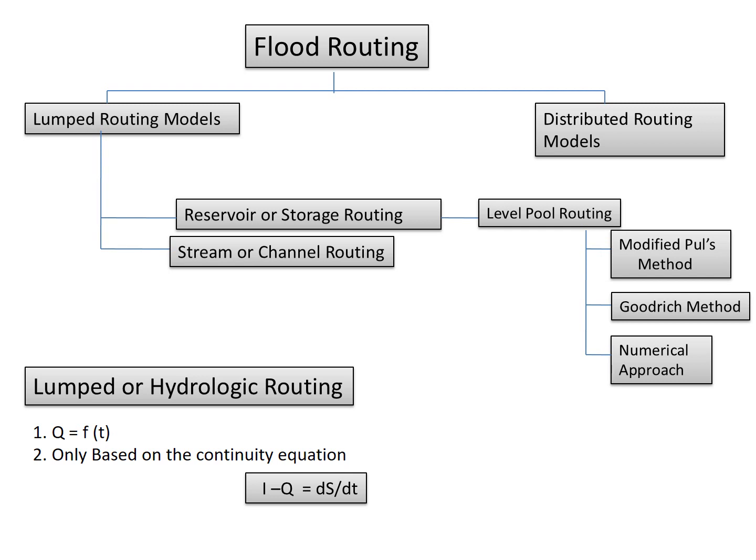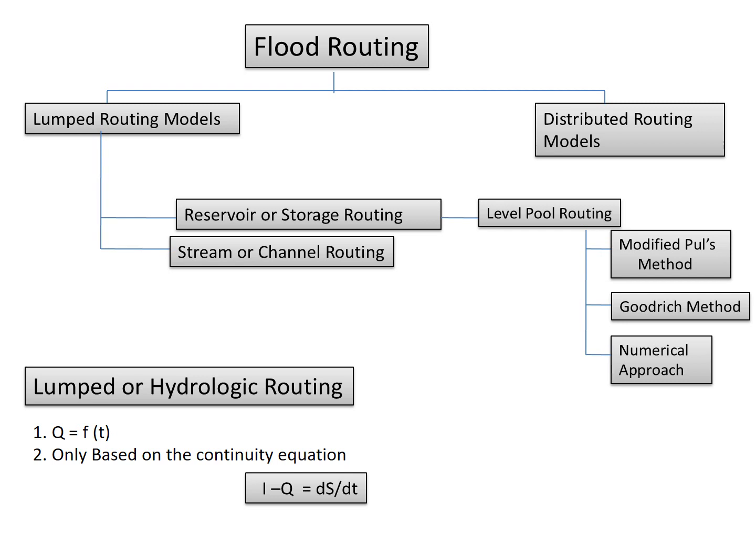In a lumped or hydrologic routing model, we calculate the outflow at a given location for any given time. That is, the outflow is only a function of time, not a function of location.